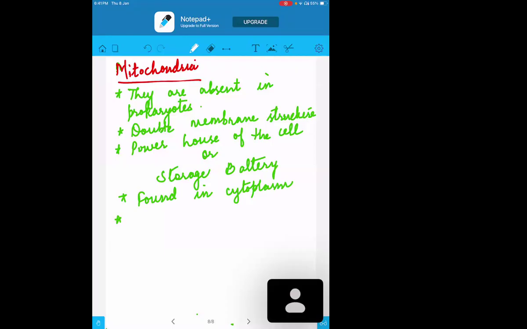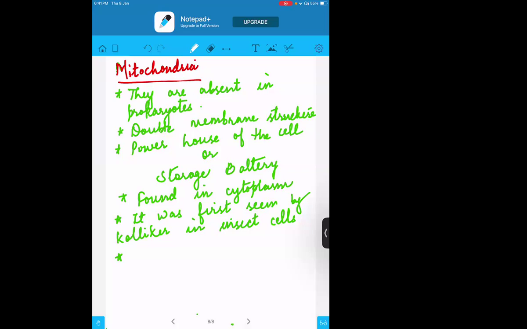Mitochondria was first seen by Kolliker in insect cells. In the cells of the insects, they were first identified. And the maximum amount of mitochondria we can see in the active cells.